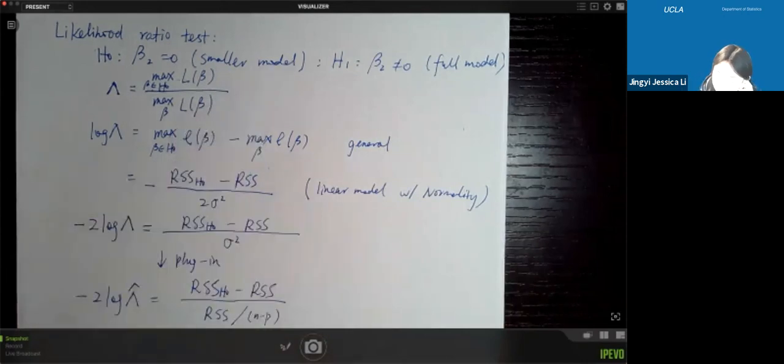So that's why when we calculate this sigma squared hat to estimate sigma squared, we must use the model we believe in, and that's the full model. So here the estimation of this parameter is not about beta, but about sigma squared. We are going to use the full model. So I think that's the best justification to me.